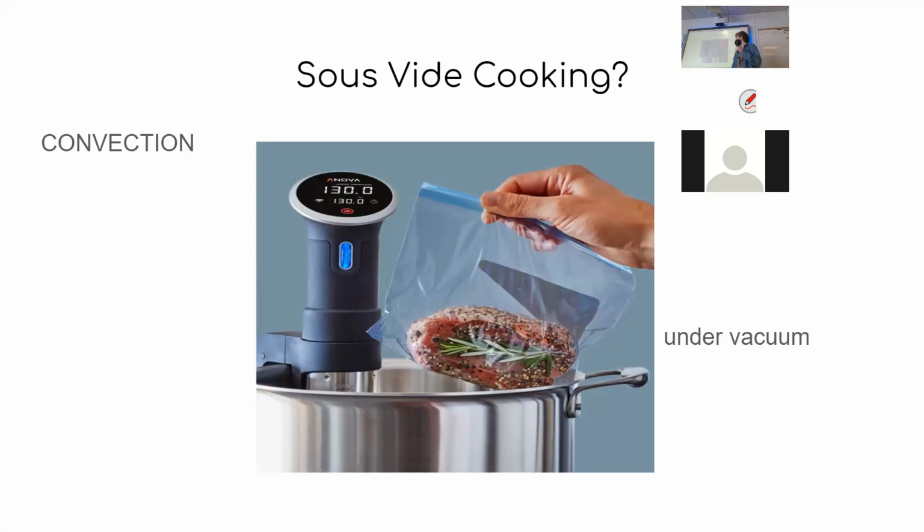So it cooks super slowly, and it's impossible to overcook your food when you use it. It uses a heated metal coil. It uses mainly conduction. I wrote convection, but it's mainly conduction because it's the water touching the food, I think.